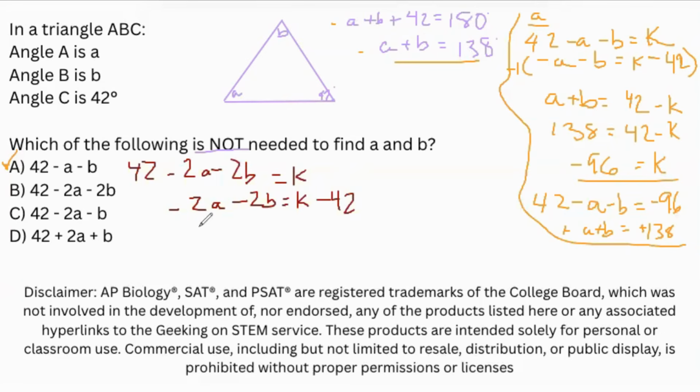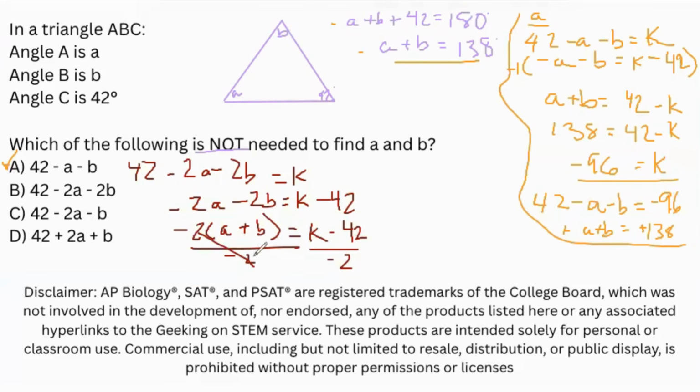So I'm going to take out my negative 2. And that's going to leave me with A plus B inside the parentheses equals K minus 42. Divide both sides by negative 2. And then when I match it up, I get negative 42 divided by 2.